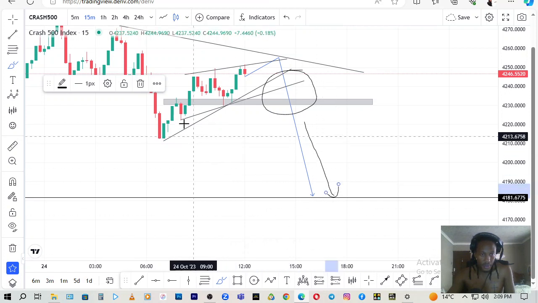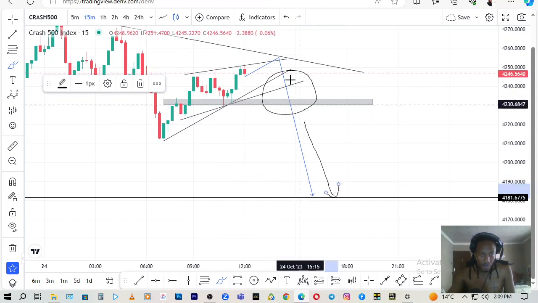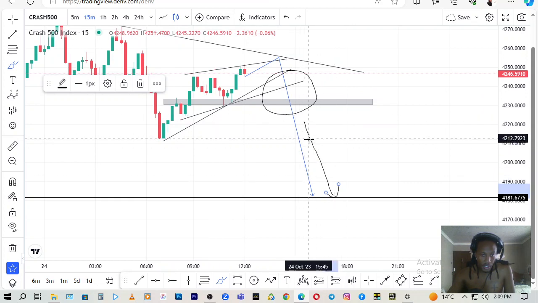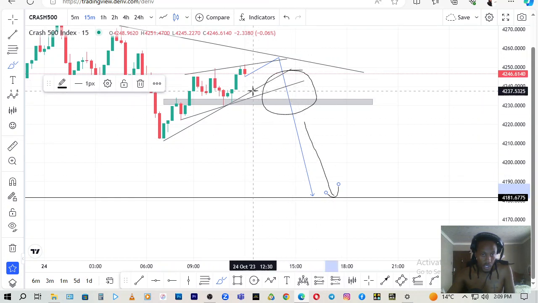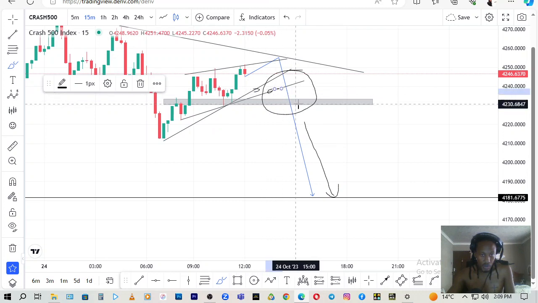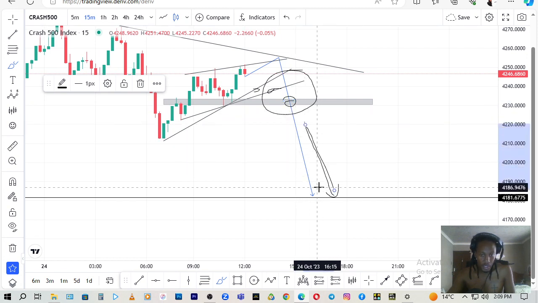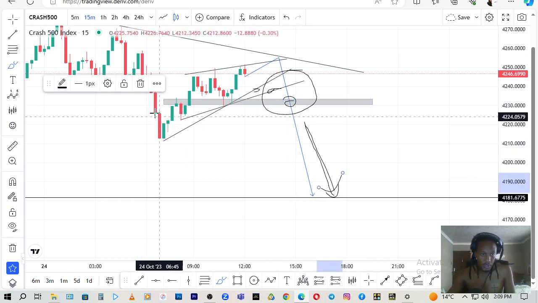You get me? If ever it breaks these two trend lines, this first trend line and the second one, and also this support level over here, then it's definitely coming to this level over here, right?